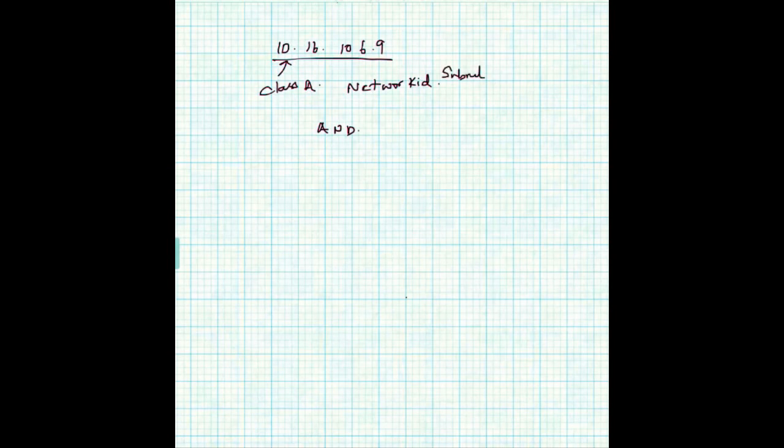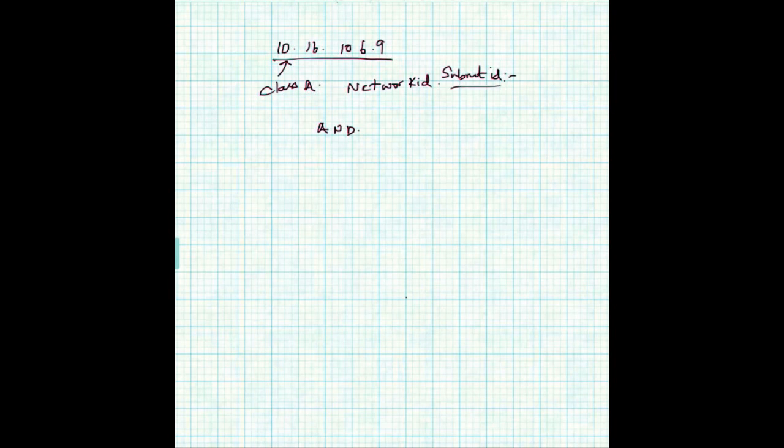Let us take an IP address here, 10.16.106.9, and let us see how this IP address generally belongs to the class A address, and calculate the network ID for this IP address by performing an AND operation with the subnet mask. Now for this IP we can take a subnet ID from a range of subnet IDs.